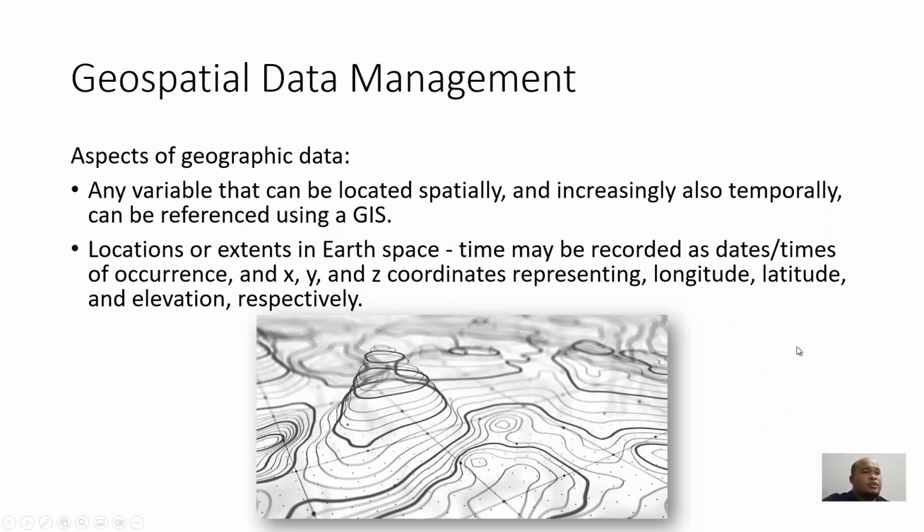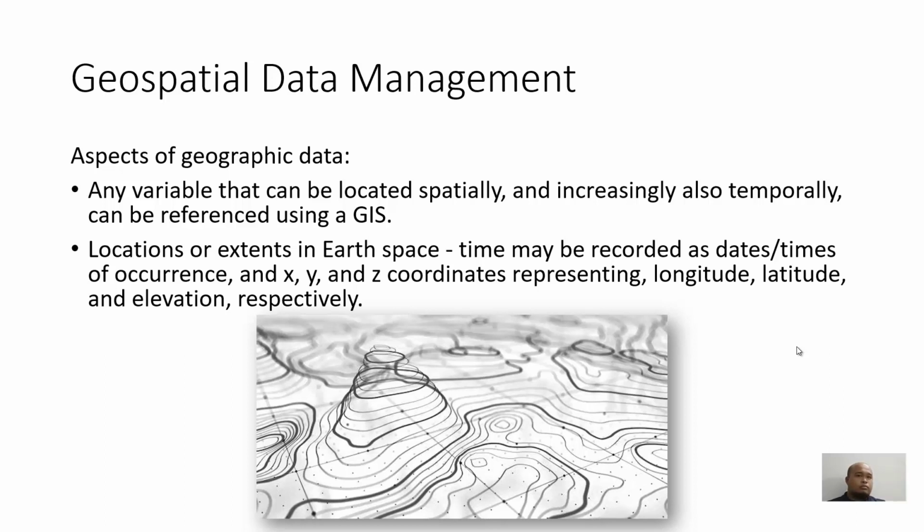So aspects of geographic data is any variable that can be located spatially and increasingly also temporally, and can be referenced using a GIS. As mentioned before, geospatial data or geographic data is based on spatial information, which is the position or the location, right?